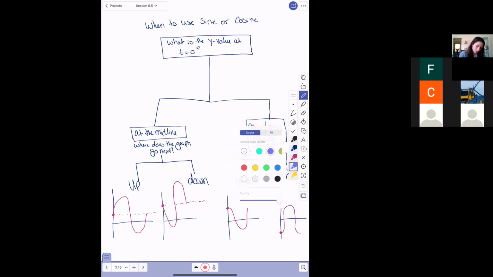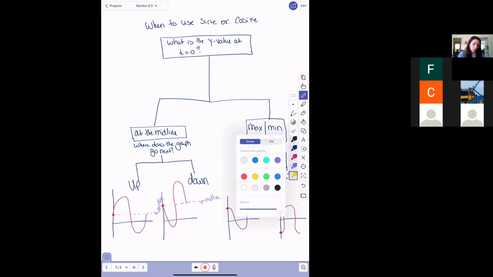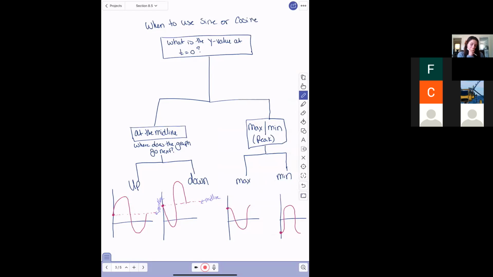I'll just point out that this is the midline. Now once you get to this point, you can tell whether you're using sine or cosine, and if it's going to be positive or negative.